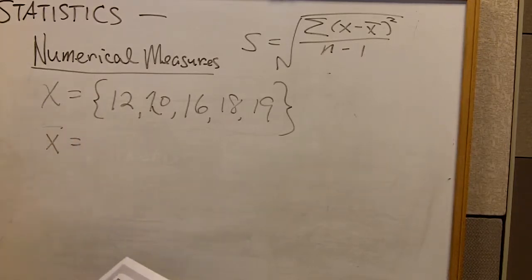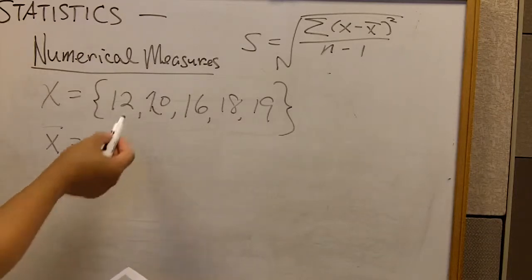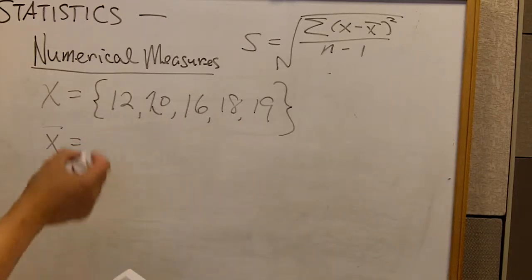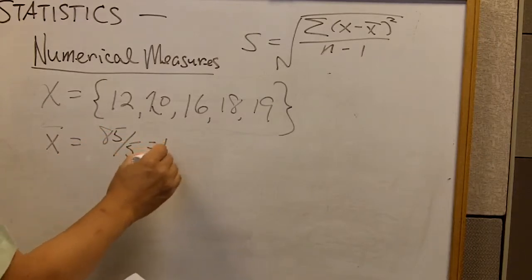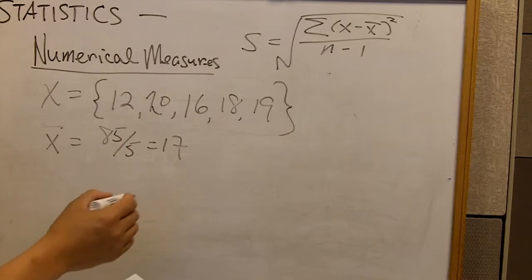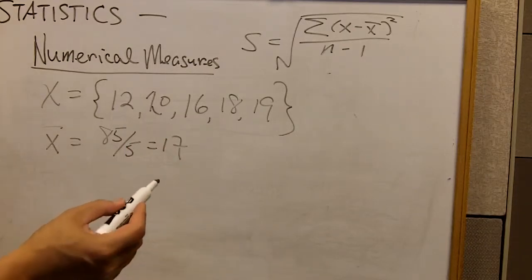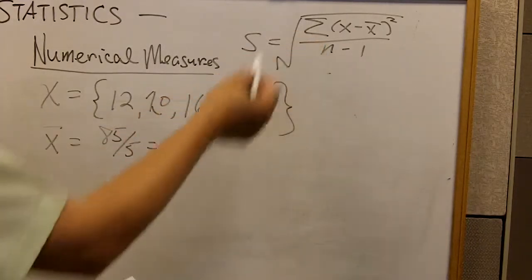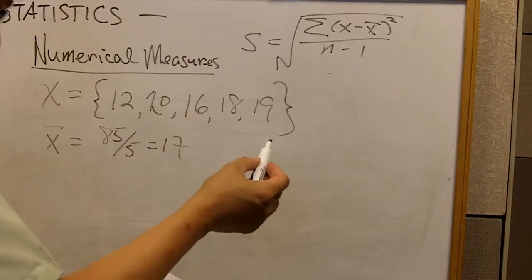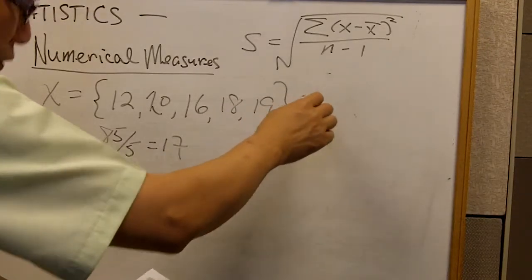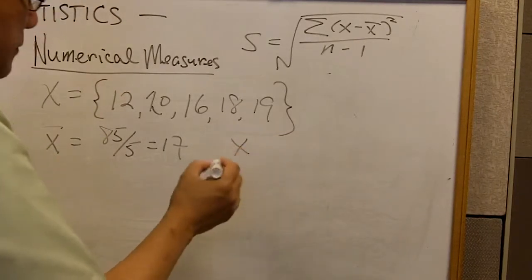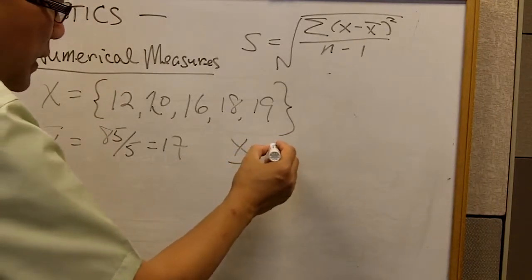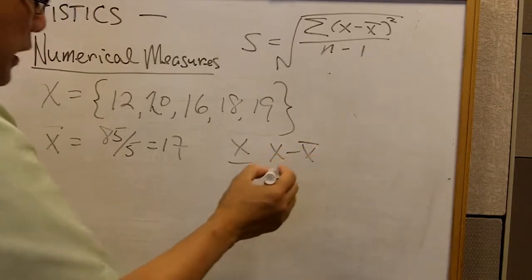The average is going to be 17, because the total of these 5 values is 85. So 85 divided by 5 gives us $17. Now to calculate the standard deviation, we're going to take each of these values and arrange them into a table. With the x value, we have the x minus x bar column.